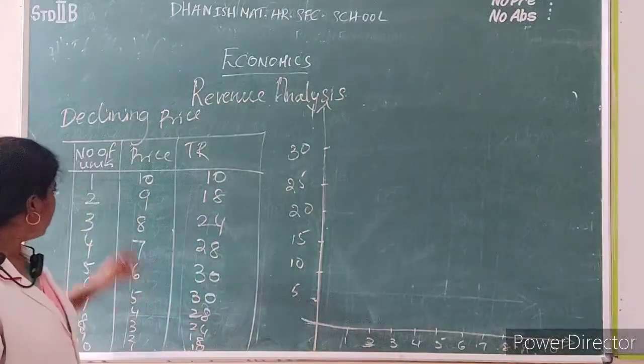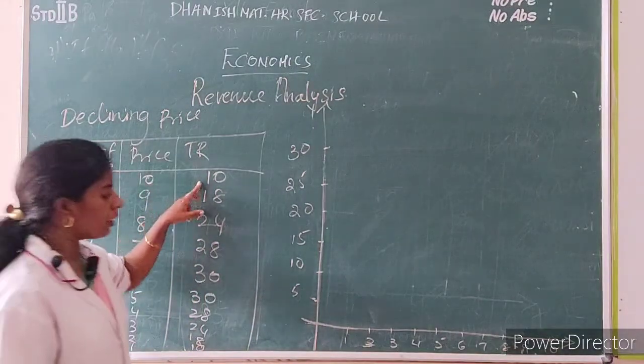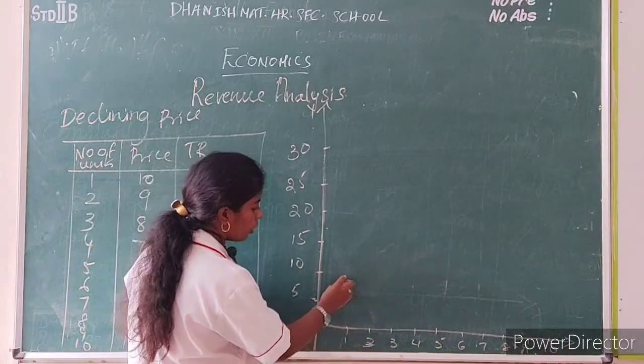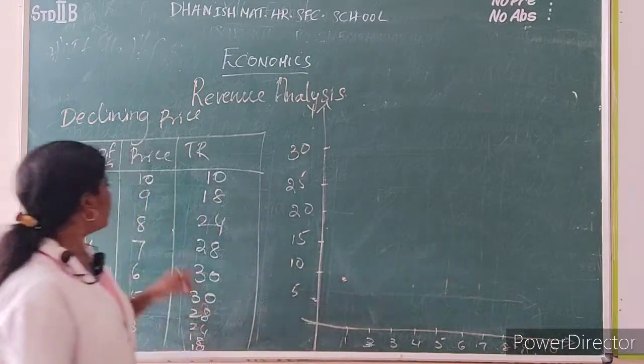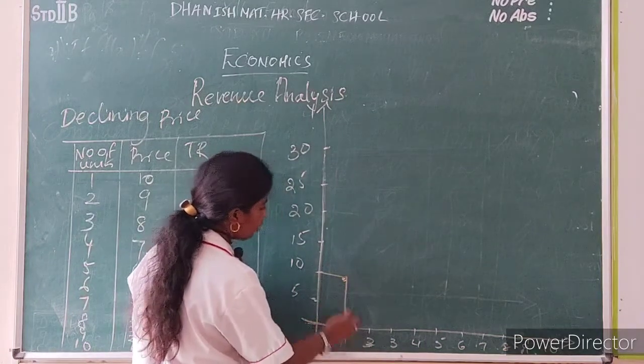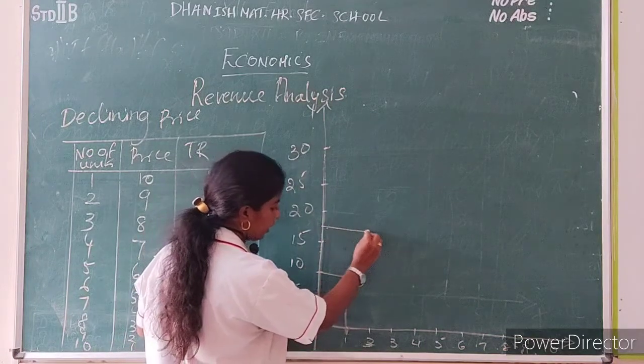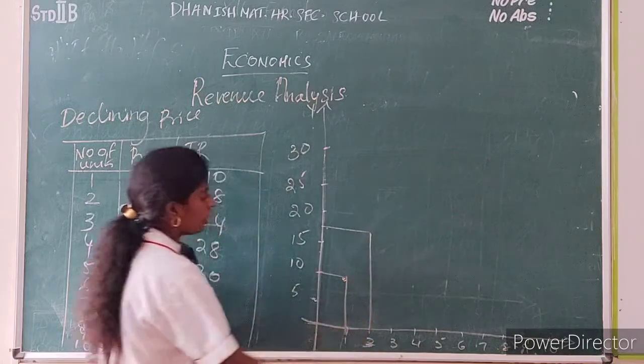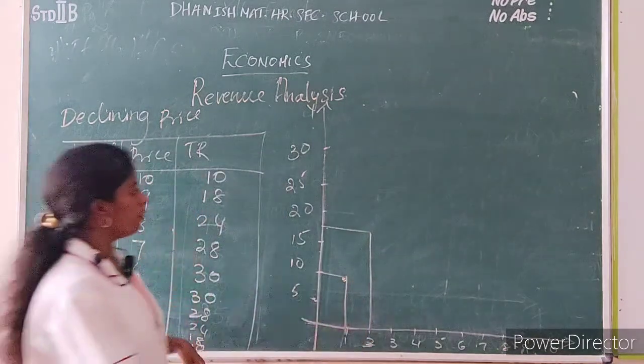First, the first unit: what is the total revenue? Under 1, the total revenue is 10. Then 2, it is 18. Then 3, it is 24.